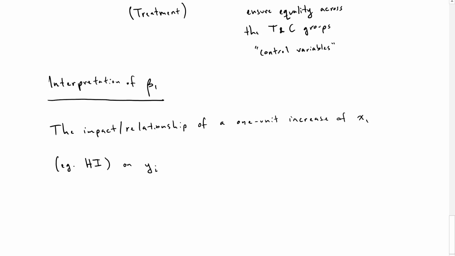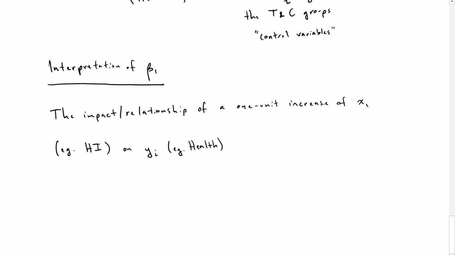So in our example, health. So the effect of a 1 unit increase of health insurance on health. And then the key part here is that we're holding all other variables constant.